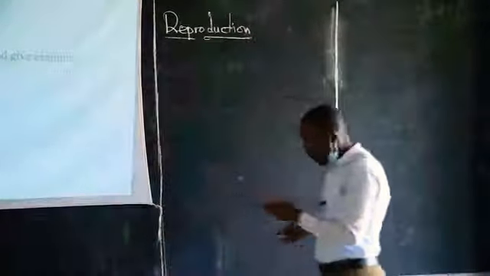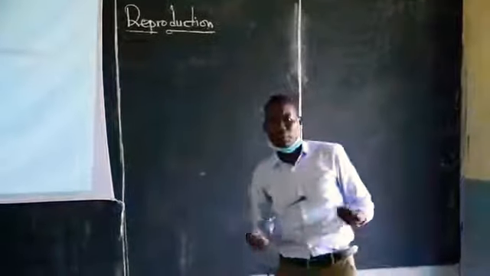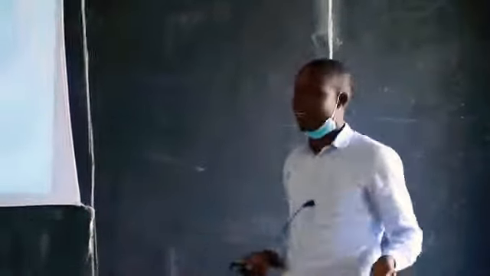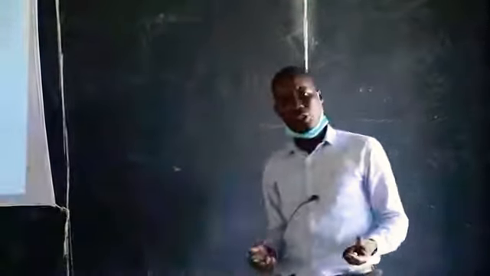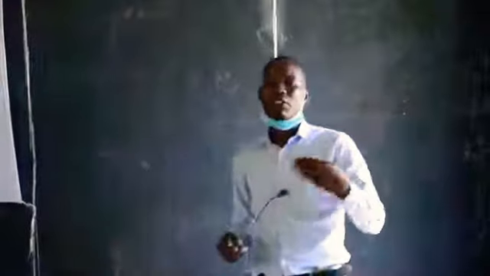In primary 5, we defined reproduction with the teachers you had. I remember that time we defined it as the way by which living things increase in number. Somebody can define it in different ways, as a process by which living things produce young ones of a similar kind.